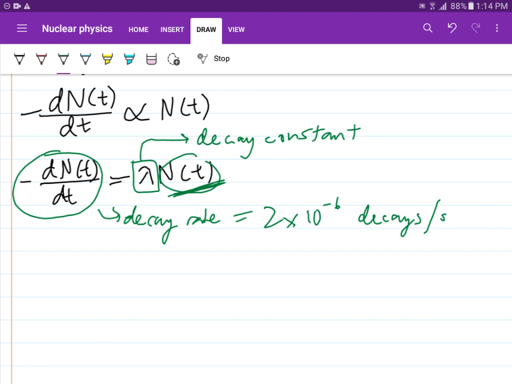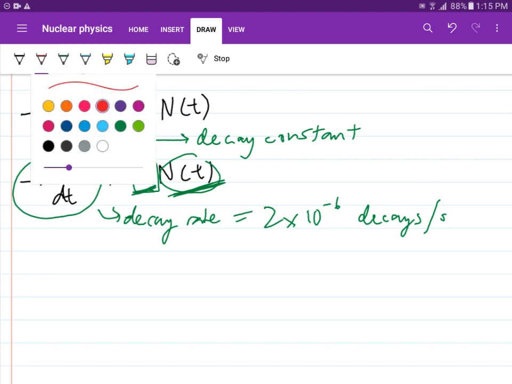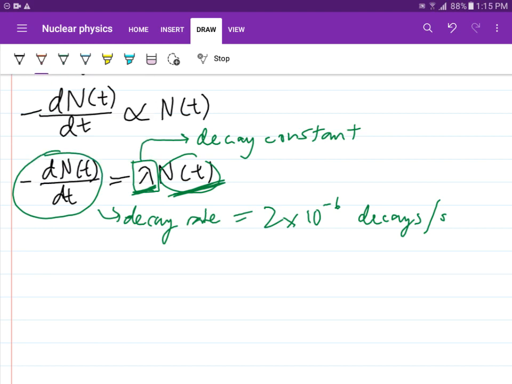And for our decay constant, let's write it this way. So we have N equals minus dN(t)/dt all over the decay constant.